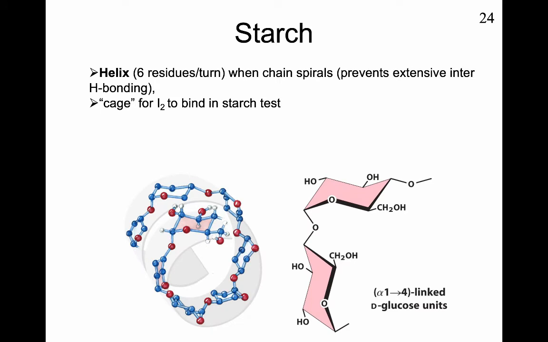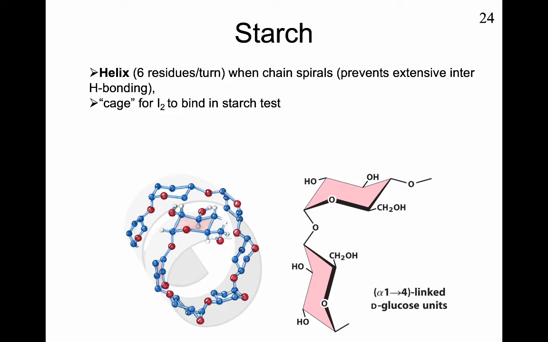Starch can form a helix, just like how proteins can form a helix. You have approximately 6 residues per turn when the chain spirals. And this helix structure actually prevents extensive interchain bonding, so it can bond with water and become very hydrated.